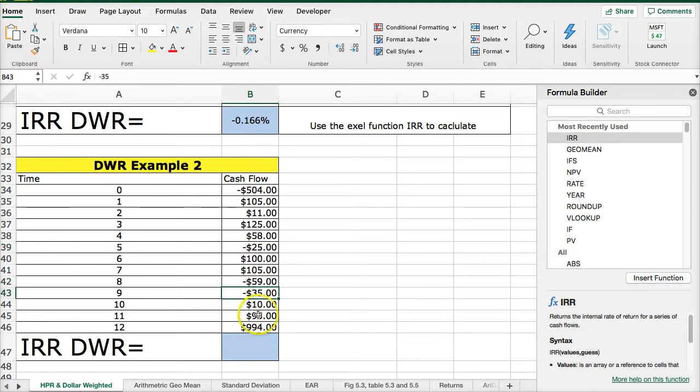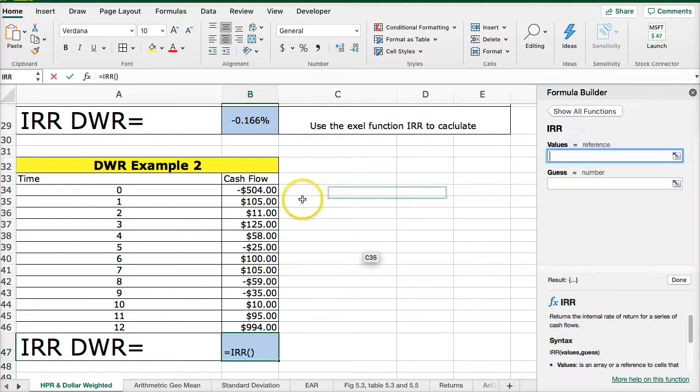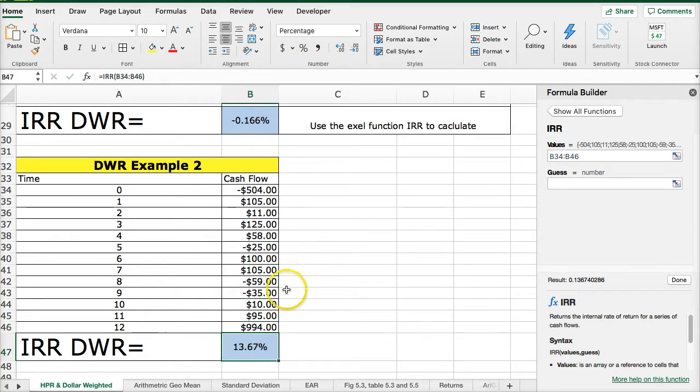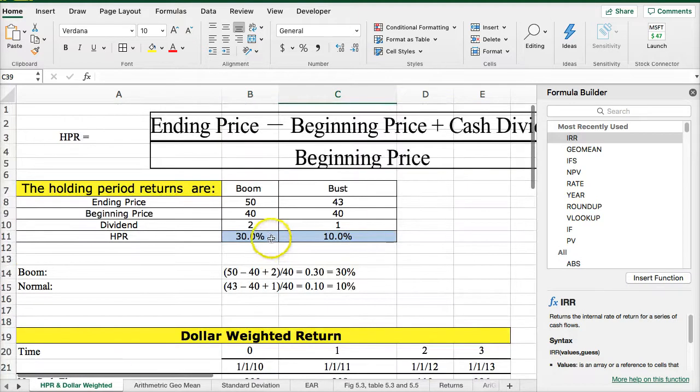So if we have all of the cash flows associated with the stock, and this could be how the investment is moving forward, and it's always assuming that you're reinvesting your income. So we can again just click on the internal rate of return, highlight all the cash flows, and hit done. And then we have here a 13.67% return. So simple enough to calculate that.